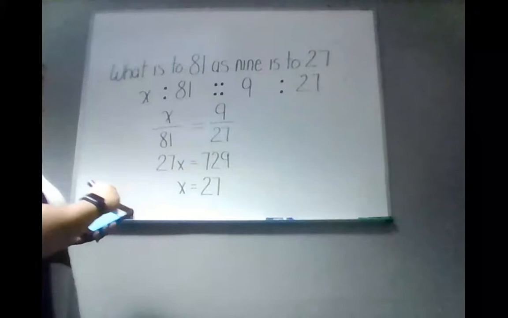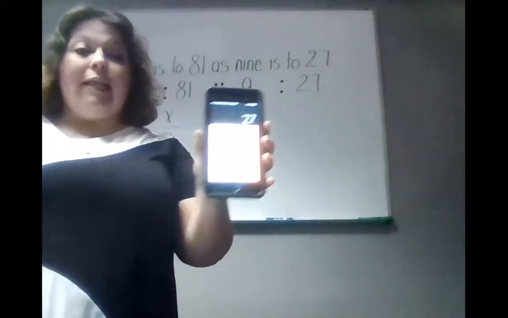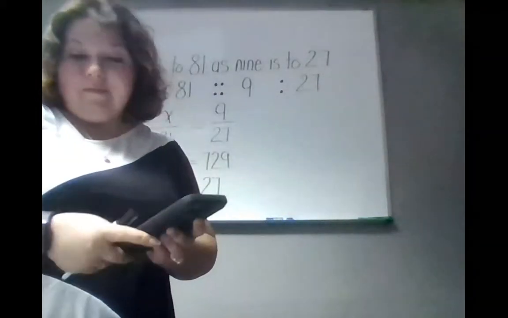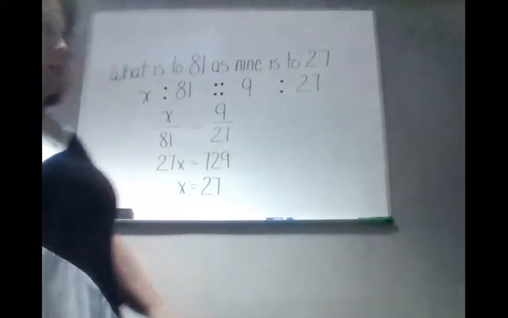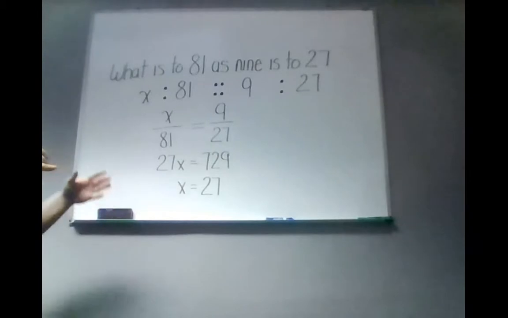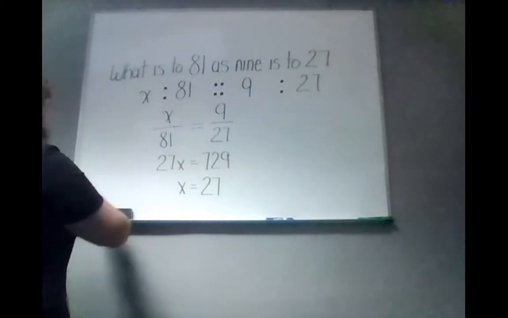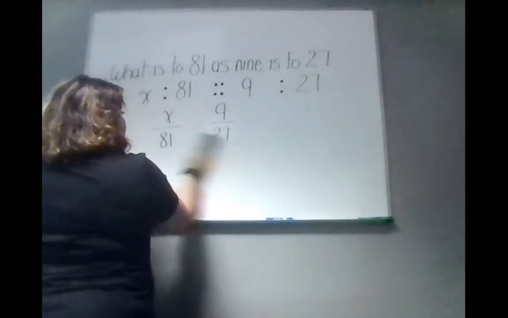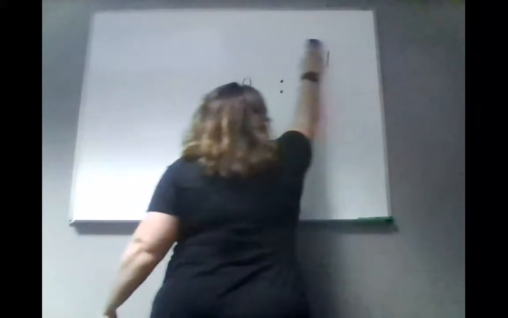So if you used the calculator trick, you would have done 9 times 81 divided by 27, and it would have done the blink again and given you 27. Okay, so that's how to work this when it's in words, and I think you're probably okay at this point with that. So let's deal with it when it's actually in a full-on word problem.